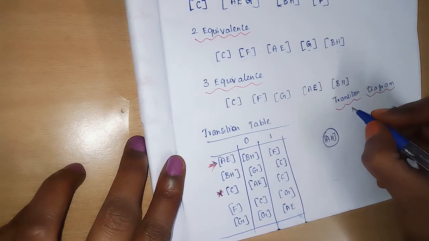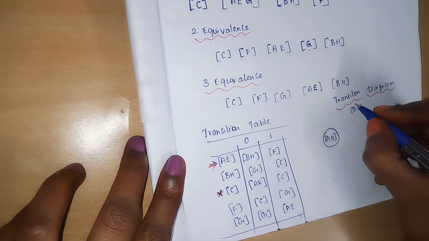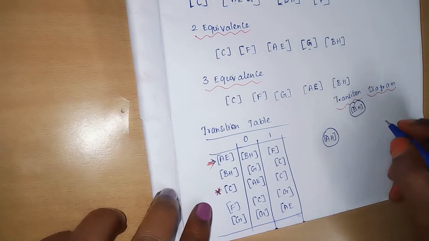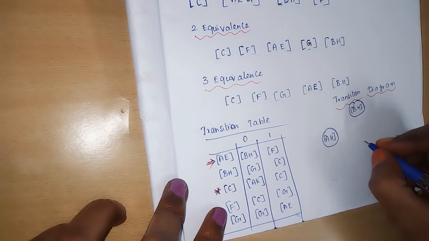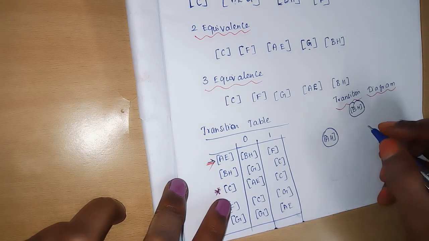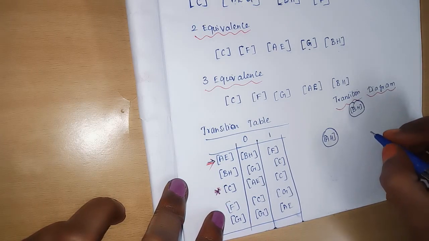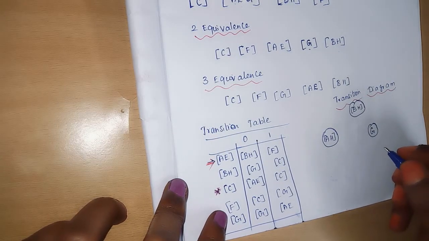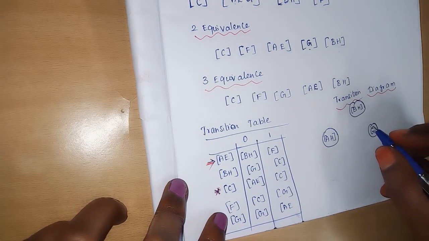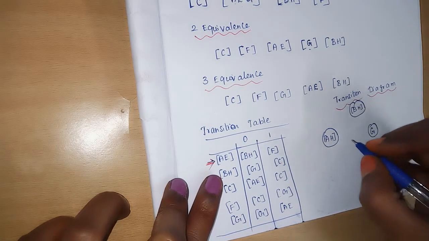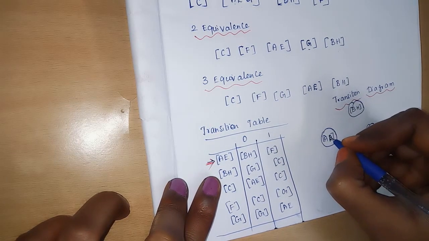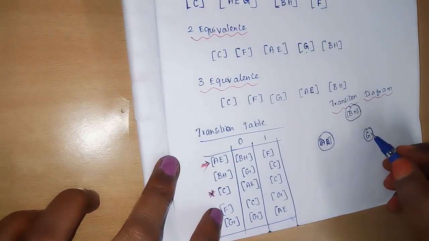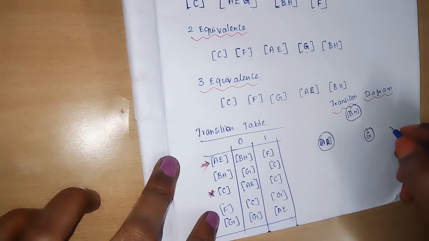And you are having BH, and we have F, G, C, right? Okay, fine. So G, this is AE, right? Not AH, AE. AE, BH, G, and we'll have F.